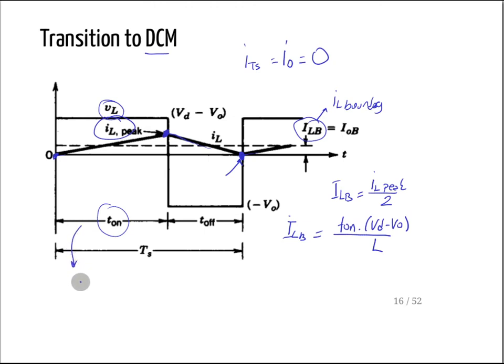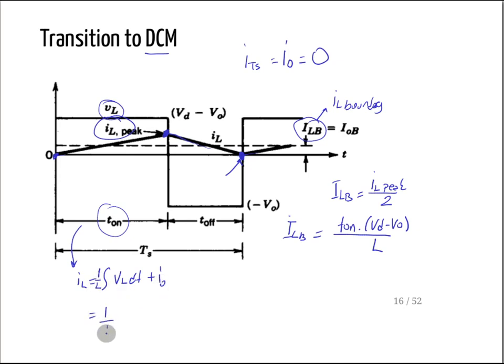You can write IL is equal to the integral of VL dt plus I0, and here the integral is of a constant waveform. It is VD, and I forgot to write 1 over L here.